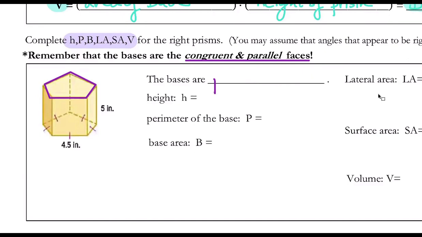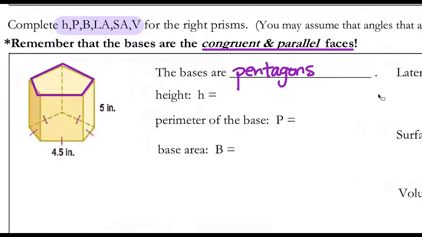So the bases are pentagons. Height means the height of the prism. The height of the prism is 5 inches. It's how far it is between the two bases. And again, the bases are the congruent and parallel faces.